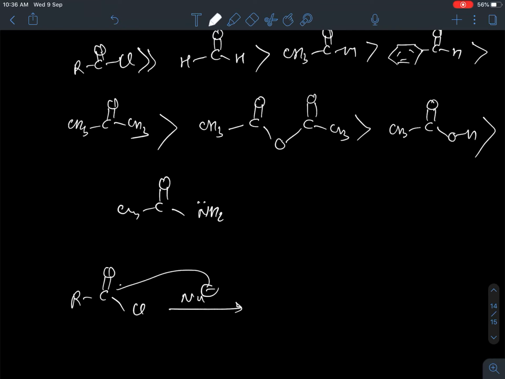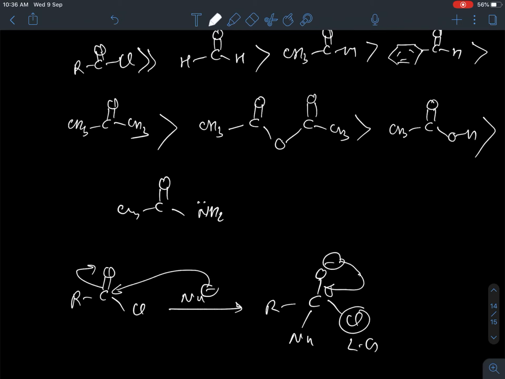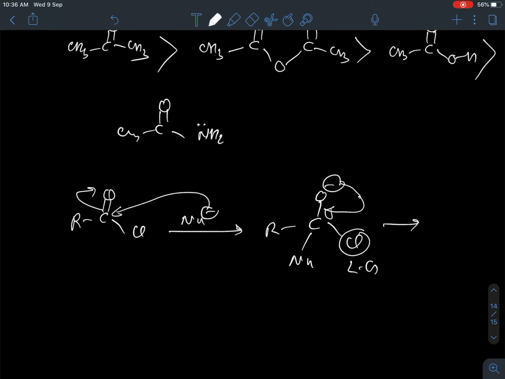during this nucleophilic attack, when it forms a tetrahedral intermediate, then this is a very good leaving group. This O minus comes back and this forms C double bond O. So look at this, from sp2, from 120 degree, means groups are 120 degree apart.